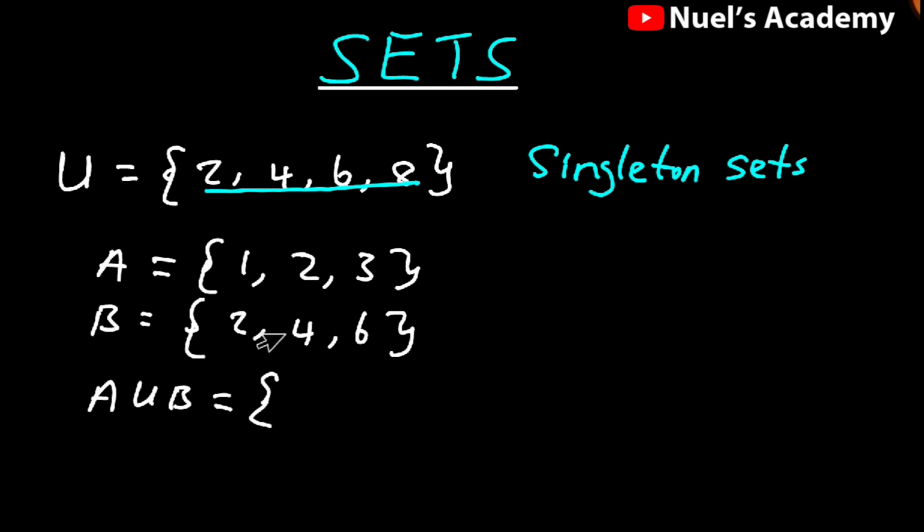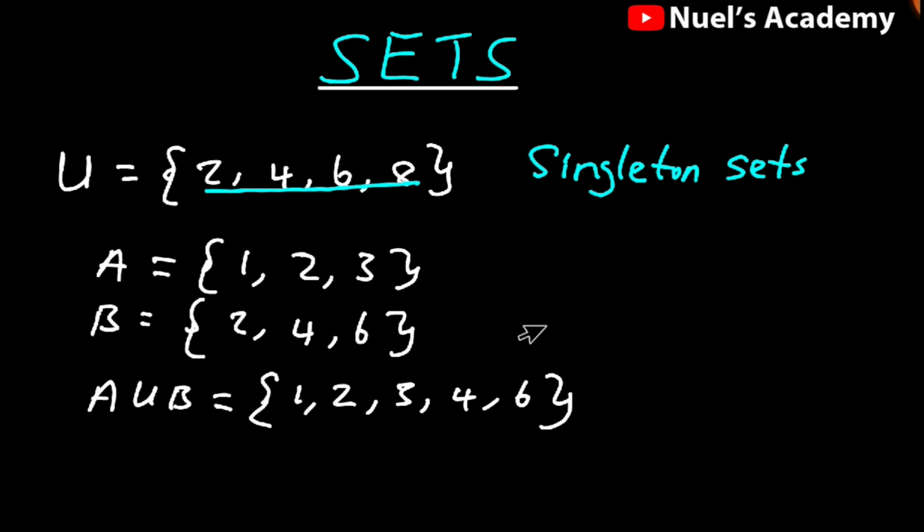If you combine these two sets, we have 1, then we have 2 here and 2 here. We pick one of them, which is 2, no repetition. We have 3 here, then 4 here, and then 6 here. So this is what union of sets is: the combination of two sets without repeating any element. Even though they appear more than twice or thrice, we don't repeat the elements.